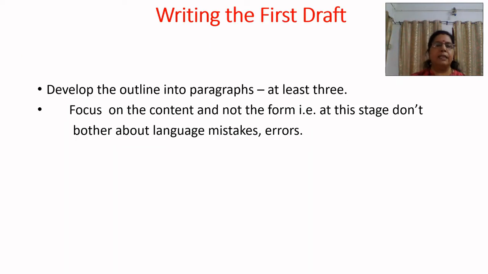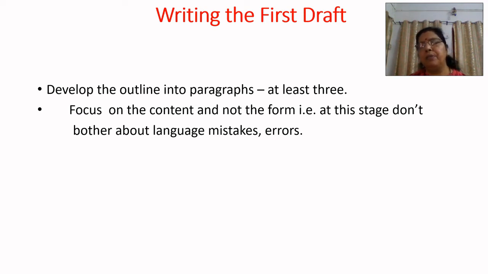Now what is next? Next, you will develop this outline into paragraphs. Remember, at least 3 paragraphs should be there in an article. So all the points that you have written, first you have jotted down the points. Under outline, you arranged and organized those points, and now you are going to develop them into paragraphs.